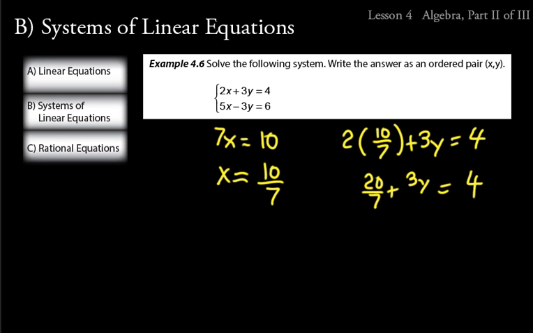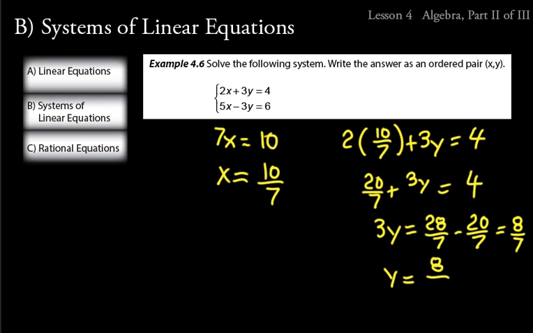Move that 20 over 7 over, we'd have 3y is equal to 4, multiply it by 7 over 7 and make it a 28 over 7 minus the 20 over 7. That equals 8 over 7. Divide both sides by 3. Y is equal to 8 over 7 times 3, 8 over 21.